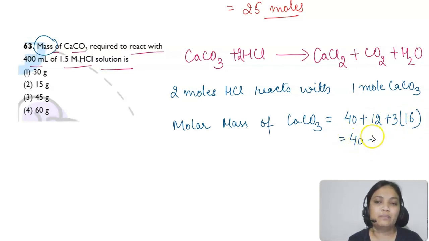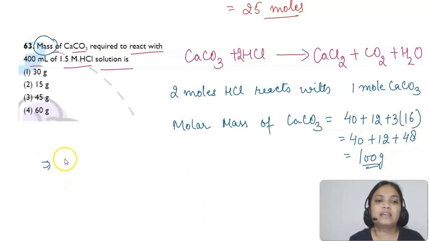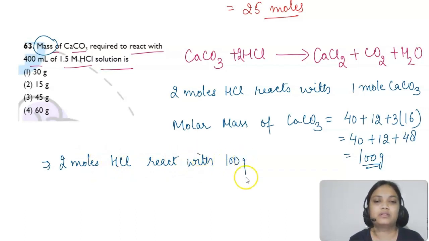So 40 plus 12 plus 48, it will be 100 gram per mole. So I can say that 2 moles of HCl will react with 100 grams of calcium carbonate.